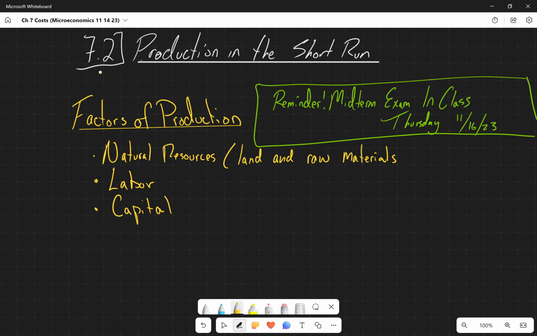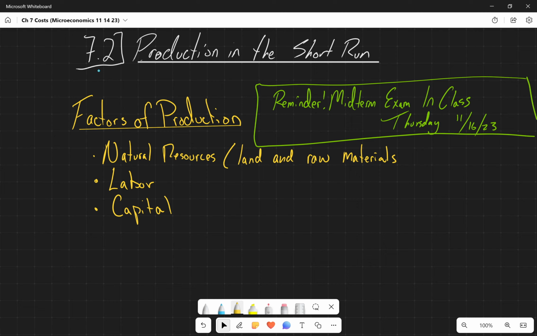And here I want you to understand there's a very different definition of capital in economics and in finance. In economics, when we're talking about capital or a purchase of capital, we're not talking about buying a stock or buying a bond. We're talking about buying a piece of machinery, buying a desk, buying a computer, buying something that is crucial to the actualizing of the business, service, or good.